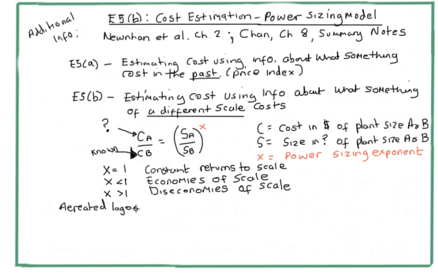Well, it's a wastewater treatment process. It's a pond, you pump air in, the bacteria eat all the nasty stuff, and you have clean water. So it's a lovely, simple process. And if you look at the examples of power sizing exponents from the Noonan book, the aerated lagoon has a power sizing exponent of X equals 1.13.